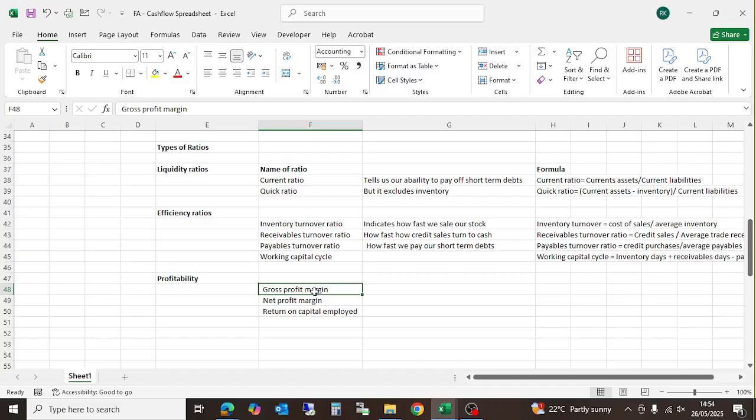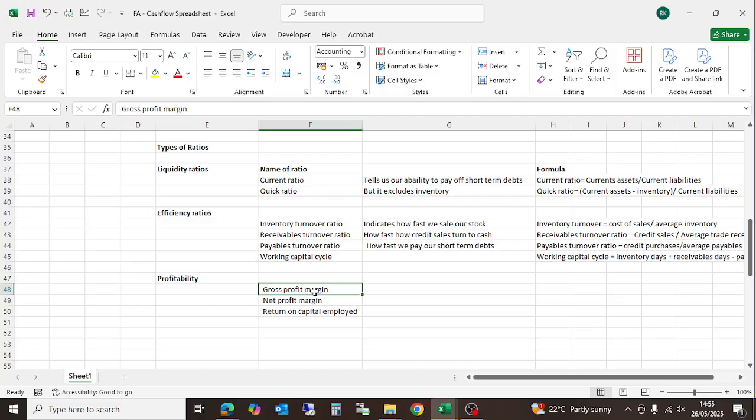Let me see. Since on the gross profit margin we are looking at the gross profit, does it mean the net profit margin will be the percentage of revenue that exceeds the net profit?